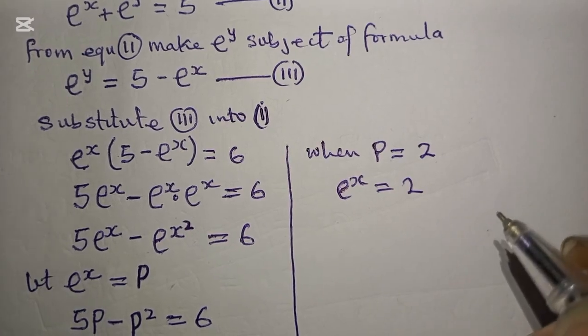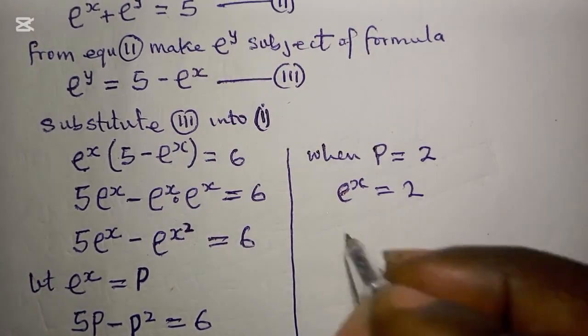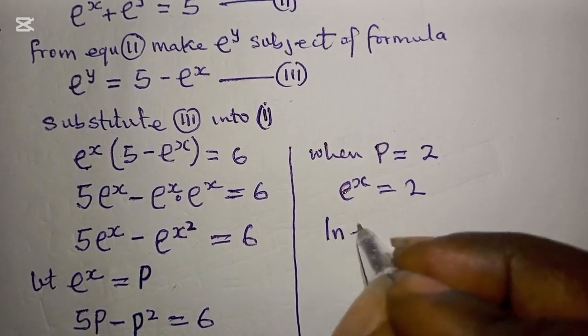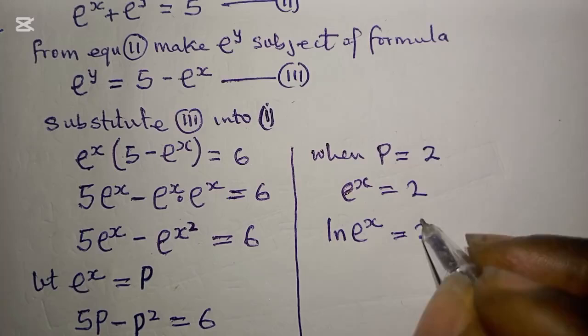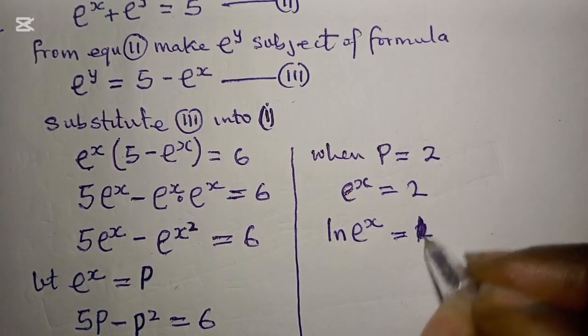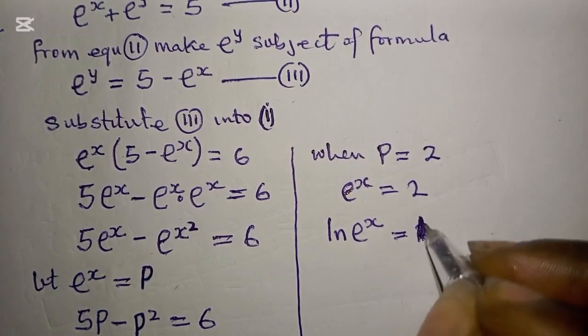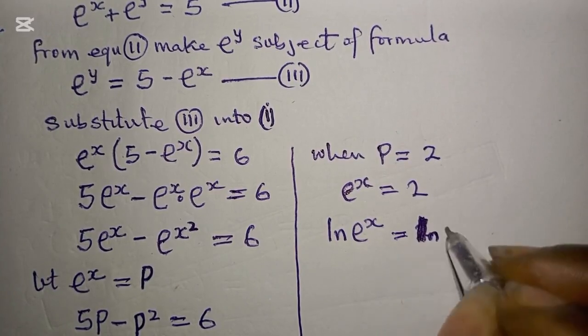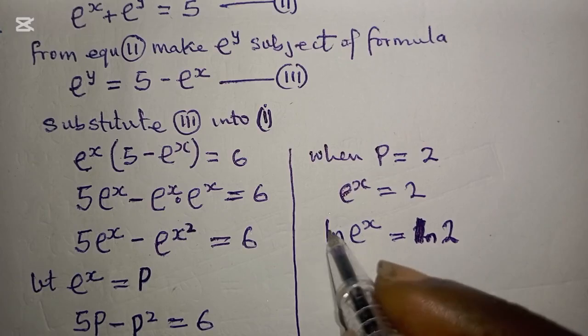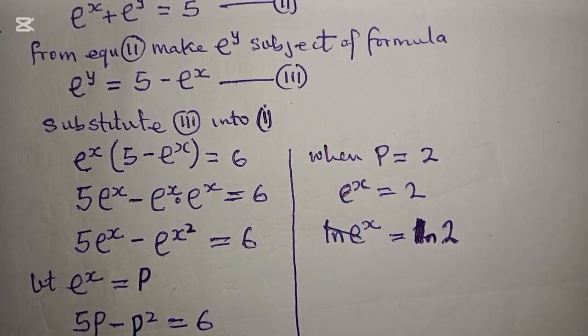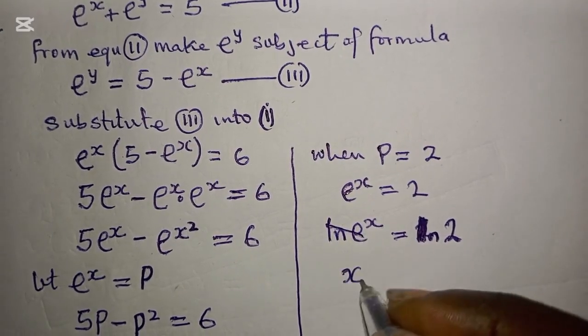So let's find the natural log of both sides. We have ln e raised to the power of x equals ln 2. The ln and e cancel, then we have our x.